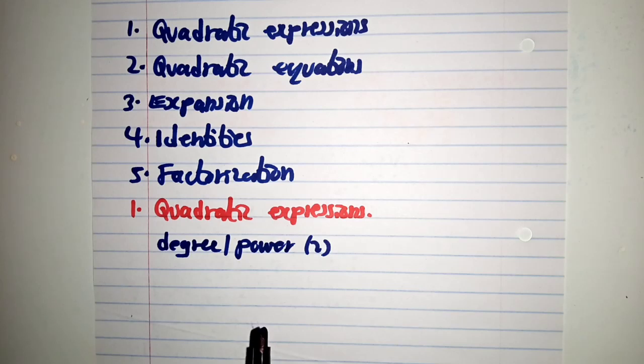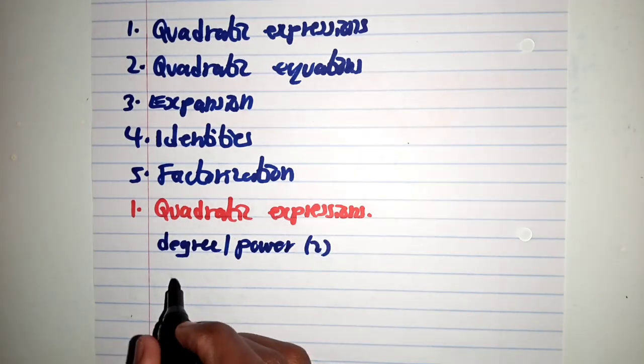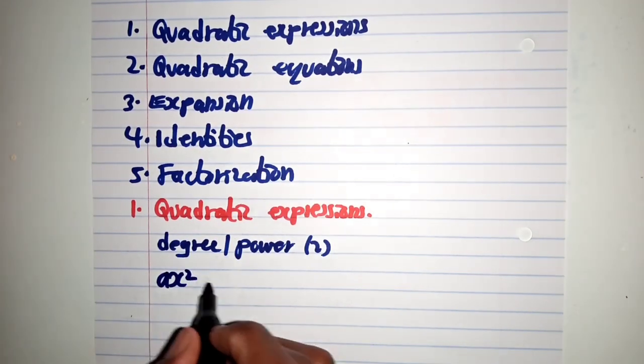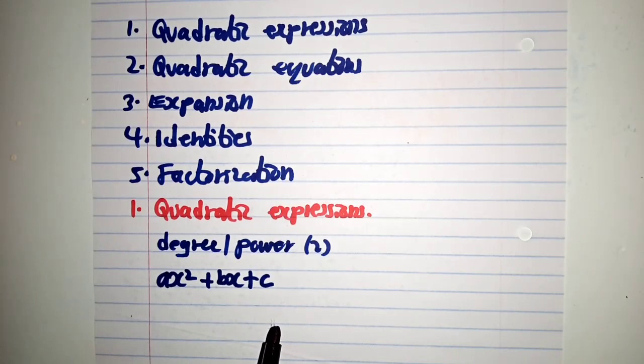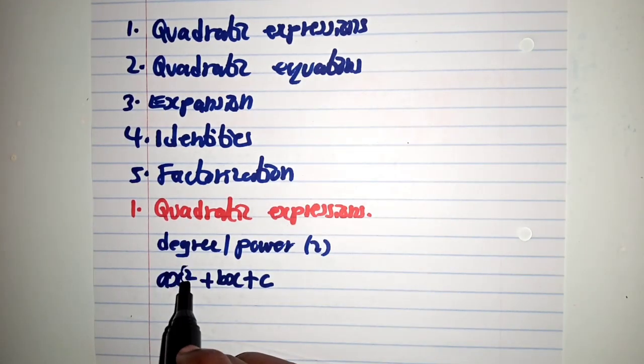And the standard formula of writing a quadratic expression is always ax squared plus bx plus c, where a, b, and c are numbers. X is always a variable. So it is this power 2 here which makes this expression a quadratic one.